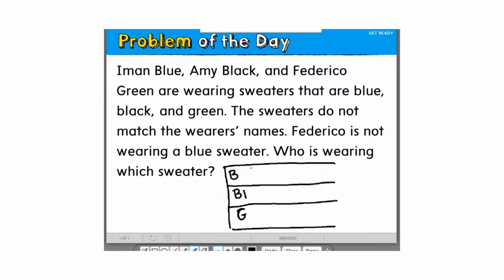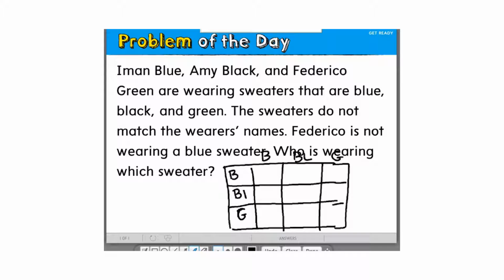And then we have the colors across the top: blue, black, and green. Then we're going to use this chart to make X's where you know they can't be wearing that color based on the information that you have, and try to see who's wearing what color. Okay, so take a moment. You can use whatever kind of chart you want. This was just my idea of how I would set it up, but you can do it however you would like. Whatever makes sense to you. Take a minute or two to try to figure this one out.